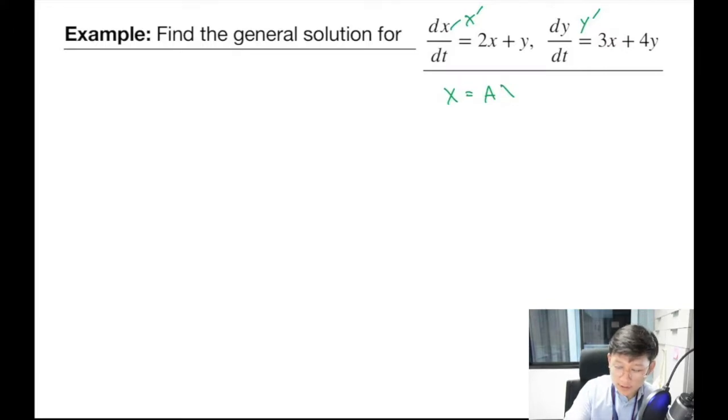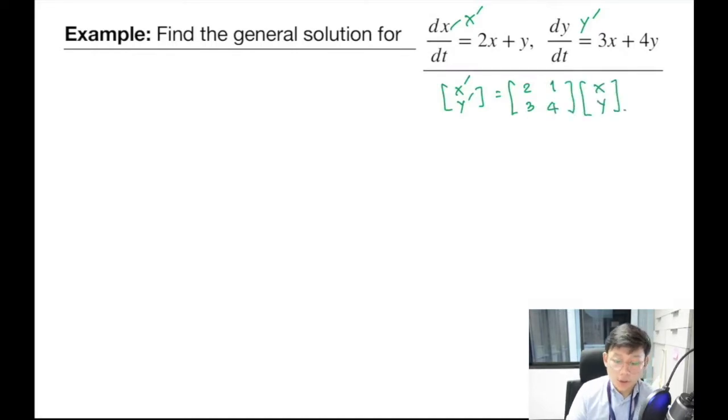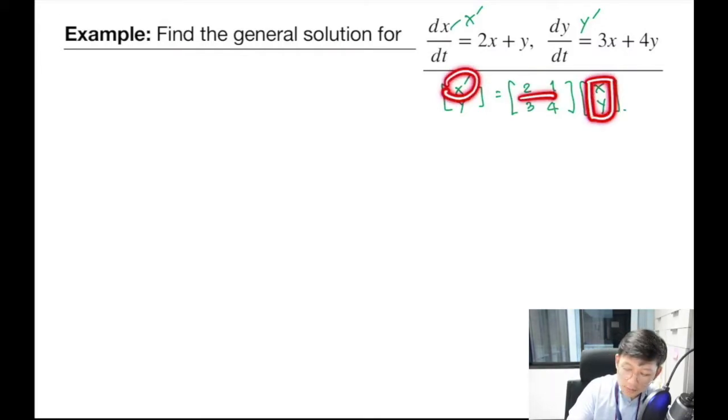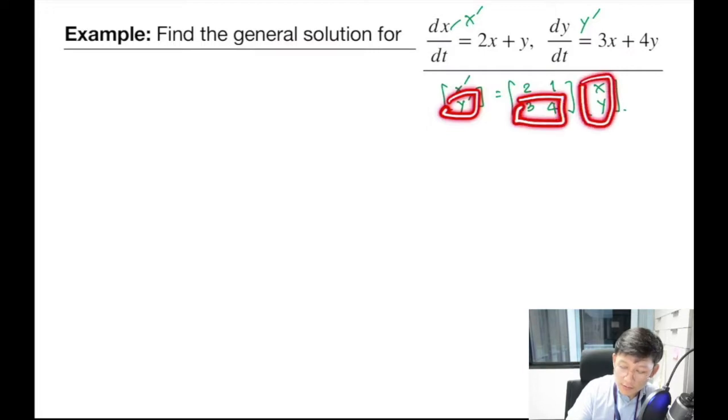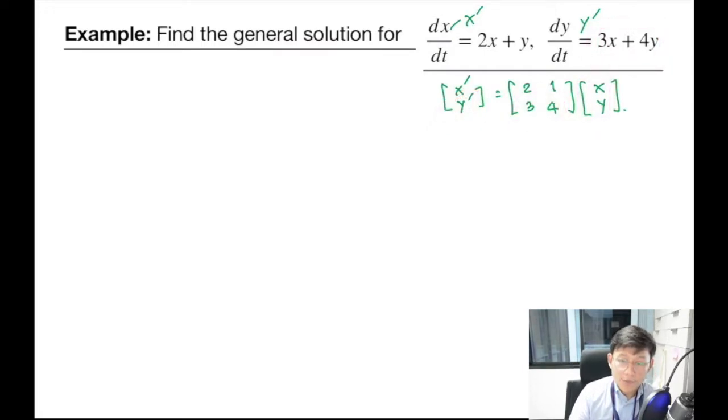It's going to be x prime, y prime equals the matrix 2 1, 3 4, times x, y. Because if you multiply this matrix, you will get x prime equals 2x plus y, and y prime equals 3x plus 4y, and that is the matrix form.